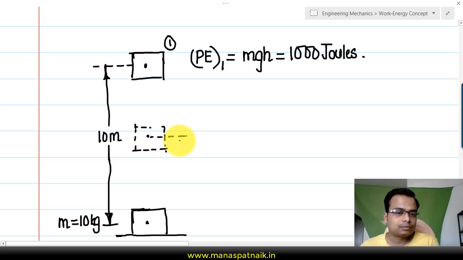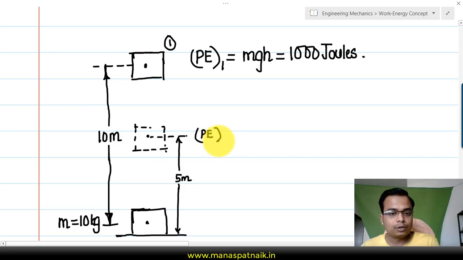Now this is at a height of 5 meters. So what's the big deal? The big deal is we're going to calculate the potential energy in this position. Let's say this is position 2. If we were to calculate this potential energy, mass we assumed as 10, g we assumed as 10, and height is going to be 5. So 10 into 10 into 5, 100 into 5 is 500. Now it's interesting, 500 joules.